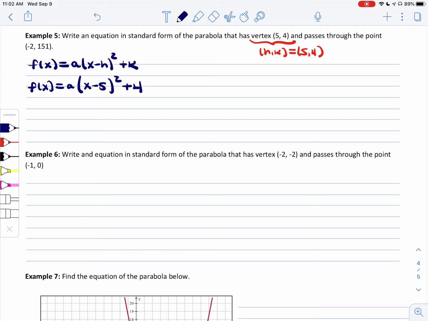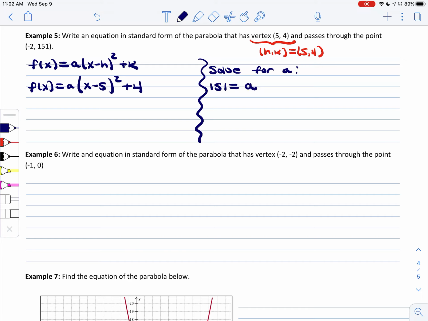Now to find the a value, we're going to have to do a little extra work, and that's where this extra point comes in. So to find the a value, we just plug in the -2, 151 for our x and y. For y, we plug in 151.